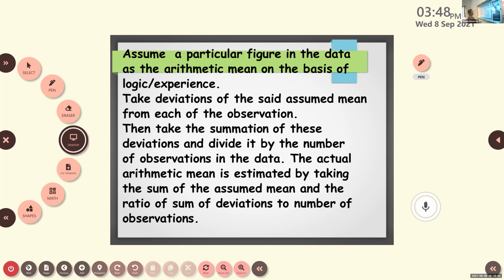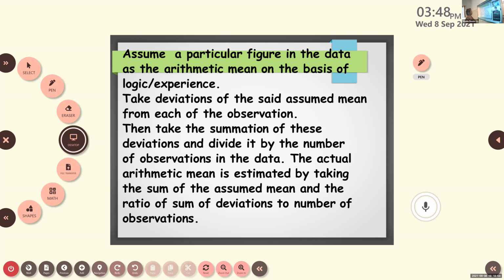After taking the assumed mean, we have to take the deviation. In the sense, we have to find the difference from the observation, so x minus a, like that we have to calculate. After that, you add all the deviations, then divide that by the number of observations.